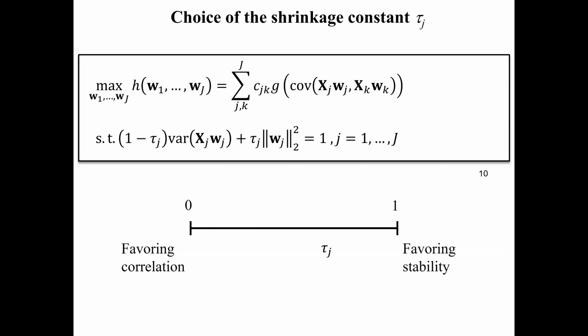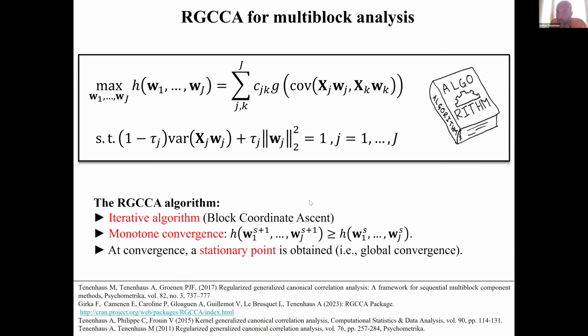In terms of the algorithm, the goal is to have a very efficient algorithm to solve this optimization problem. I don't want to go into the details of the algorithm, just to say that it is an iterative algorithm with very good properties. We have a monotone convergence of the algorithm, and it is also globally convergent.